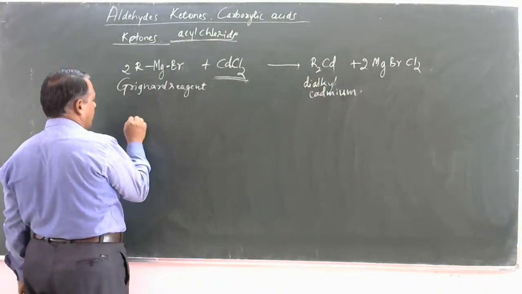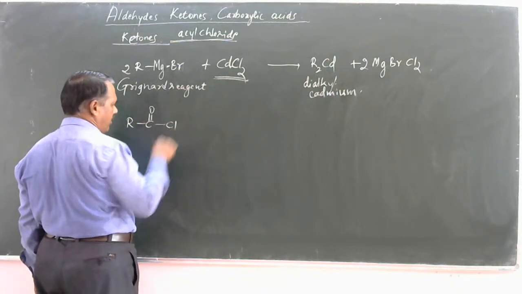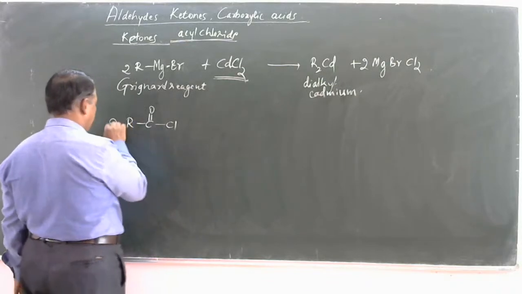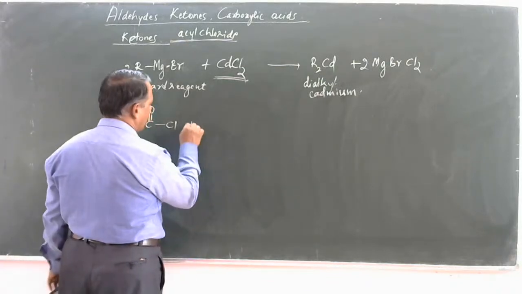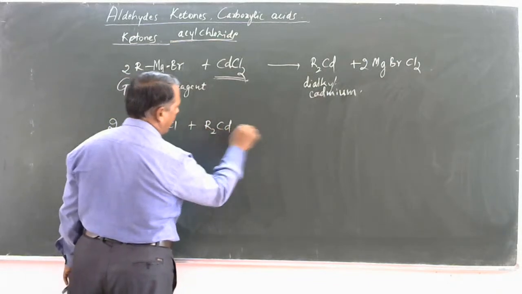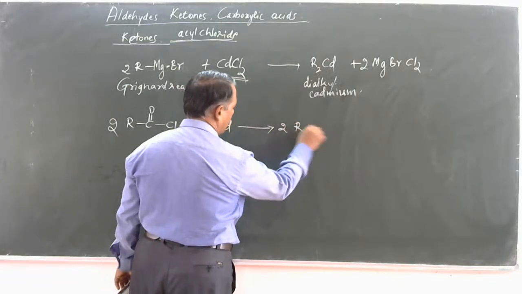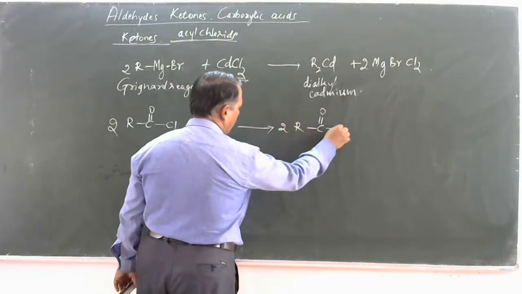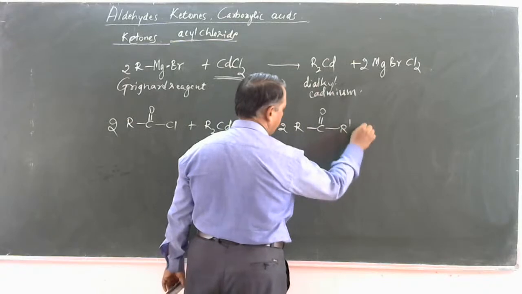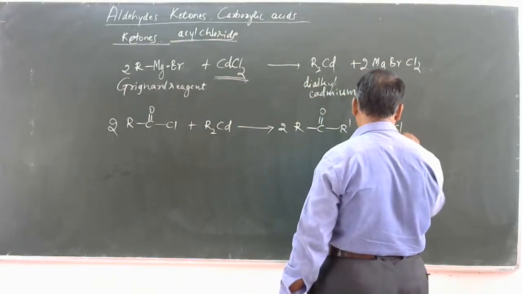So therefore, 2 molecules of RCOCl plus R'2Cd, and we will get 2 RCOR' plus cadmium chloride, CdCl2.